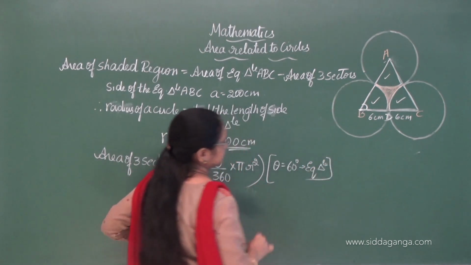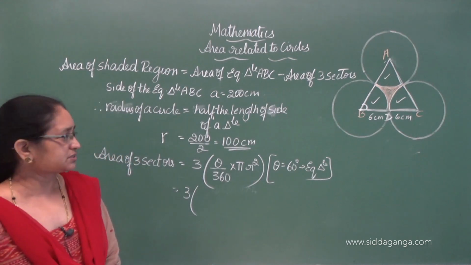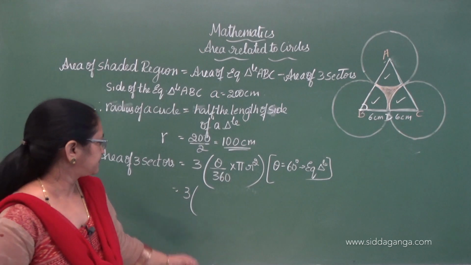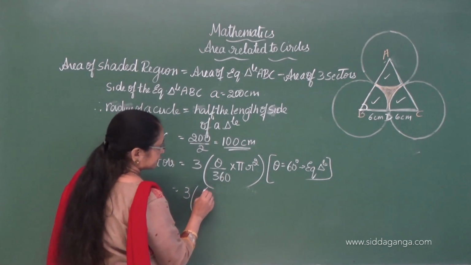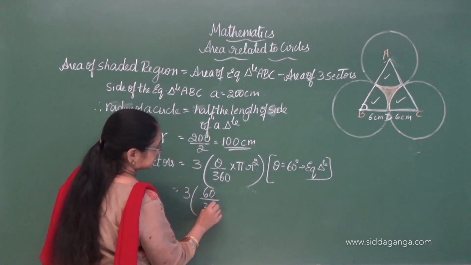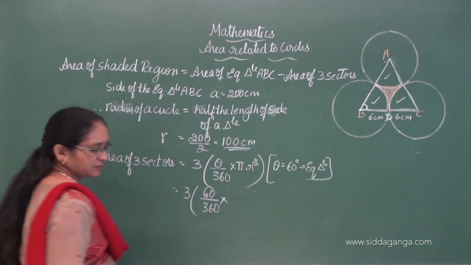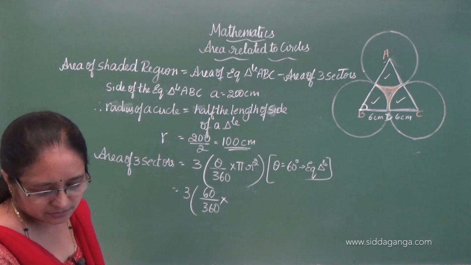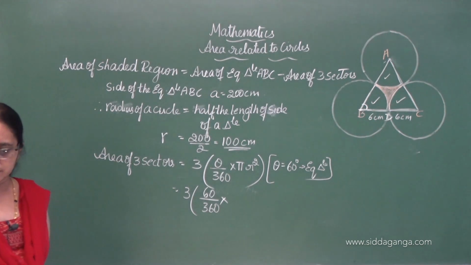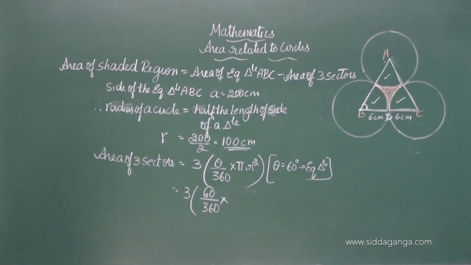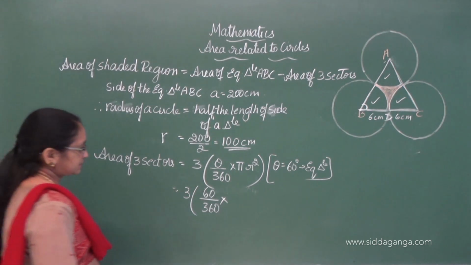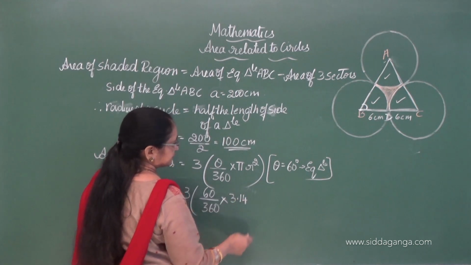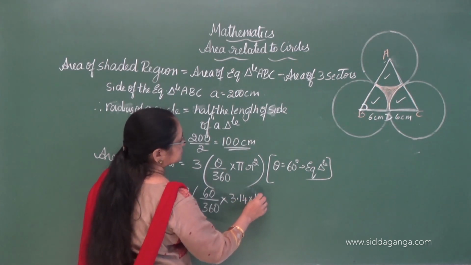You can give that as the reason for taking 60 degree. Then 3 into 60 by 360, and for pi they have given in the bracket to take 3.14, so better take that, 3.14 into R squared.